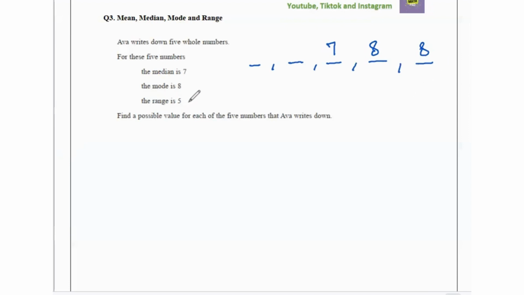Next, we know that the range is 5. So if the range is 5, we can use this to find the smallest value over here. Range is your difference between the maximum and the minimum value. Mode is your highest frequency value.